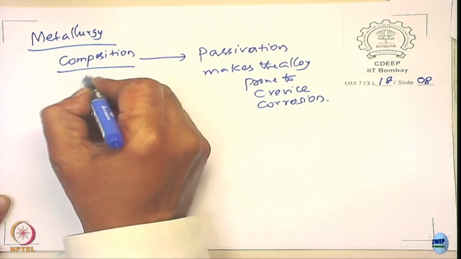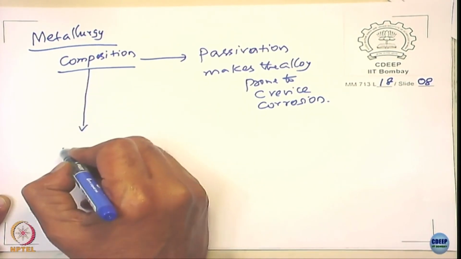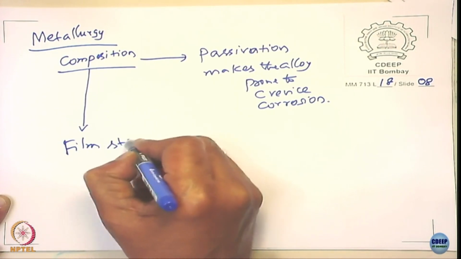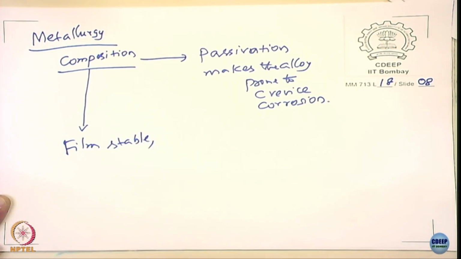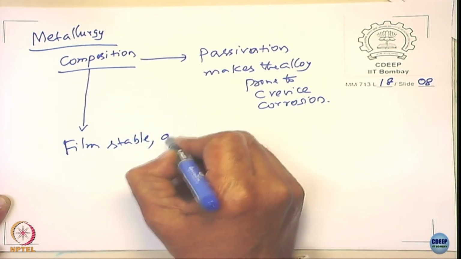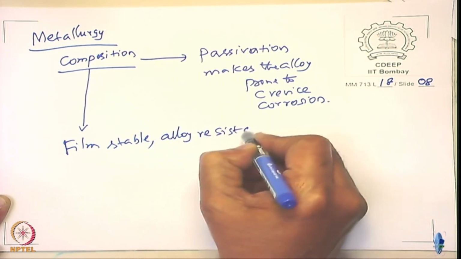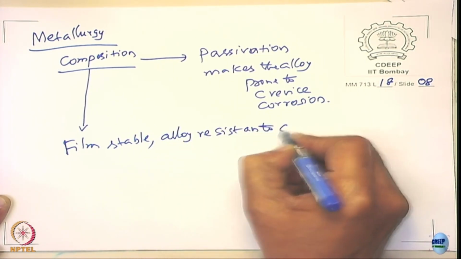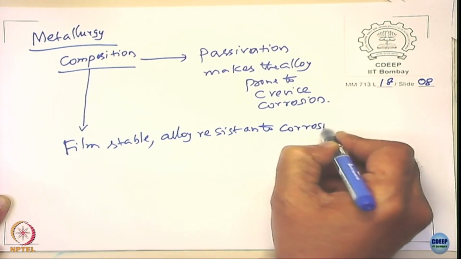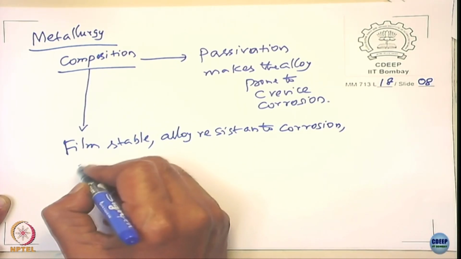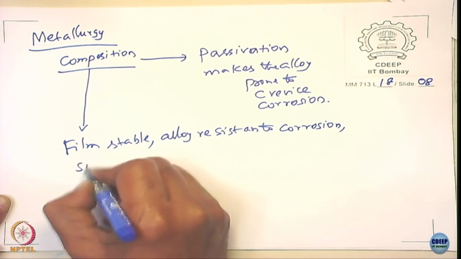But the compositions that make the film stable, the alloy resistant to corrosion, and make it spontaneously passive.